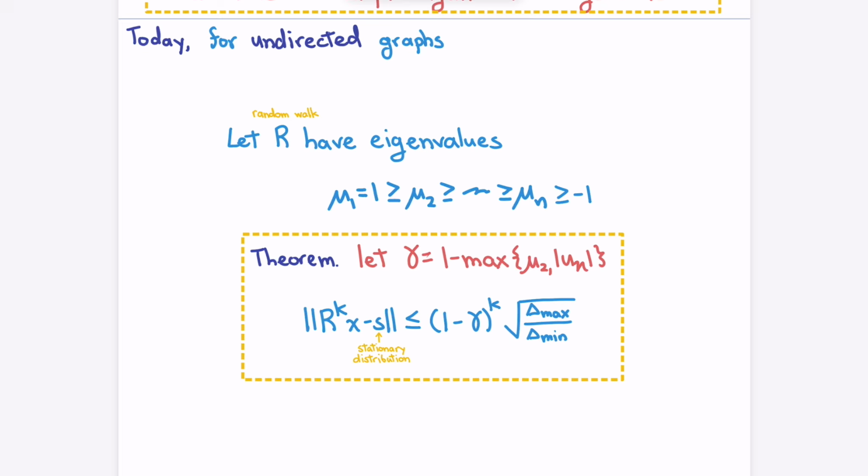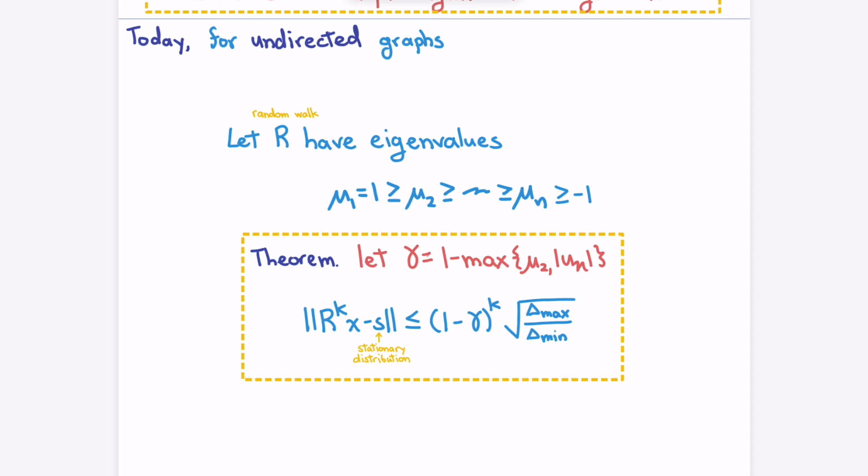Here, we're trying to actually measure how far away I am from the stationary distribution, at least in L2 norm. And it says this difference is at most some polynomial term times 1 minus gamma to the k. So what does that mean? If gamma is like 0.01, then you're getting like 0.99 to the k, so you're actually going down exponentially fast.